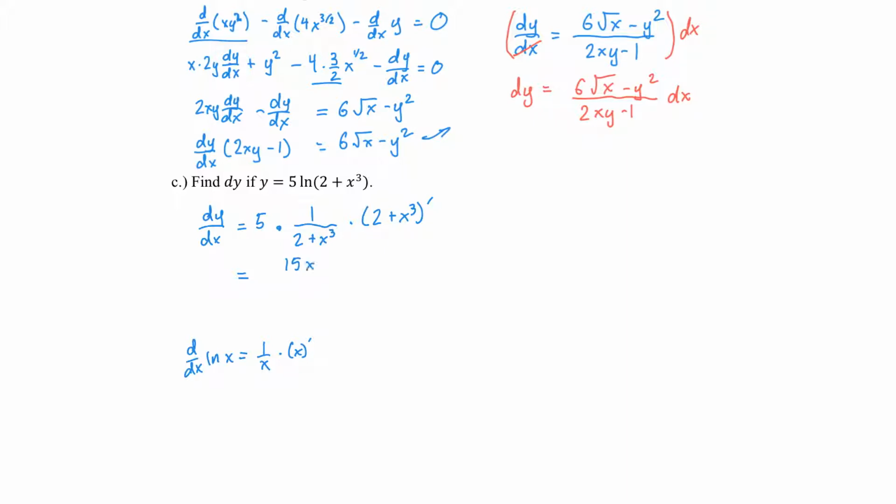So on top, I have 15x squared. On the bottom, I have 2 plus x cubed. So that is what dy dx is equal to. And by multiplying both sides by dx, I find the differential dy is equal to 15x squared over 2 plus x cubed times dx.